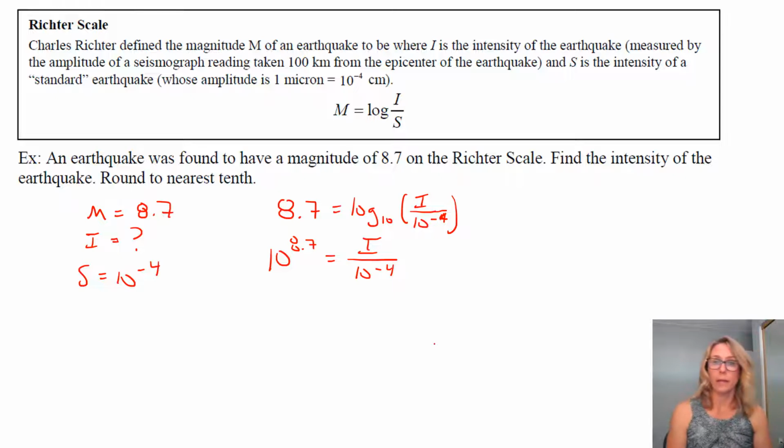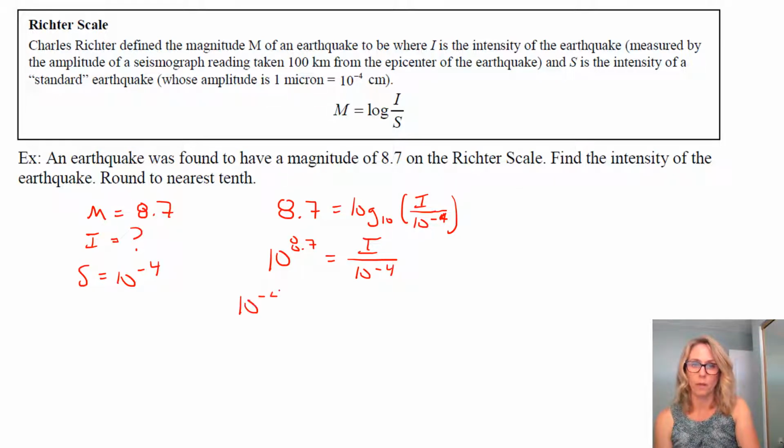To isolate I, we multiply both sides by 10 to the negative 4 times 10 to the 8.7. That equals I. And so I equals 10 to the 4.7. And that's it. You can just put that in the calculator if you want.